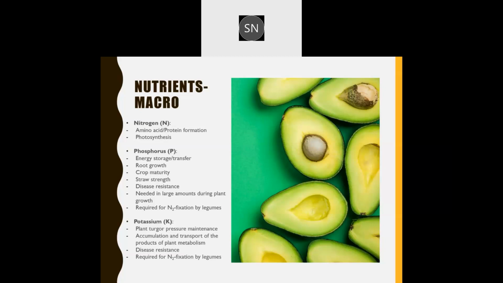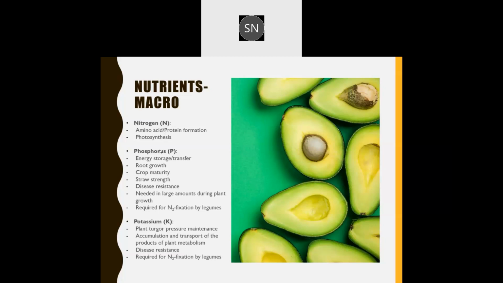Right, here we have the nutrients as well as the functions. We already did class activities on this, as you all presented in your groups on these topics. So nitrogen usually gives green leaves, right? The main function is for the photosynthesis process.